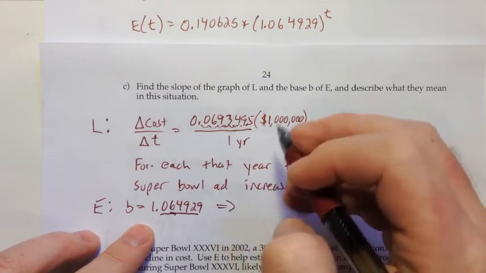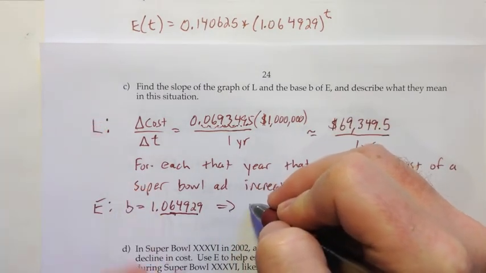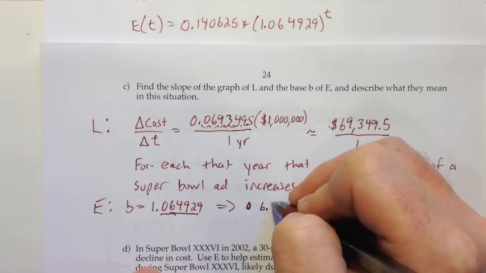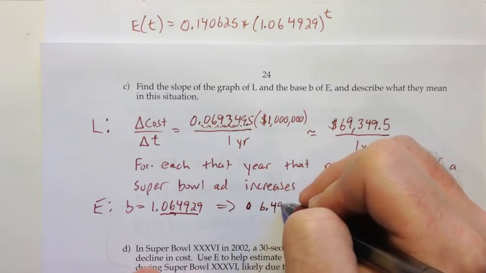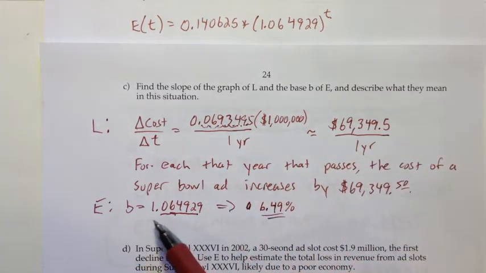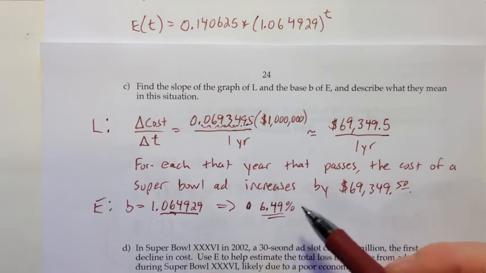So when I see that, I would ignore the 1, move the decimal over a couple spots, and get 6.49. That's probably enough decimals, and that would be a percentage, and it's the percent that the output, which is cost, is increasing each year.